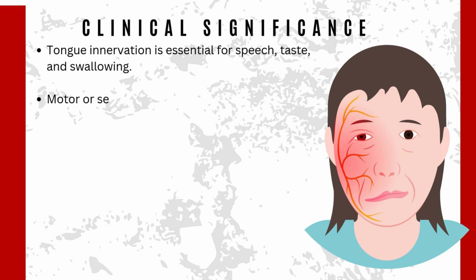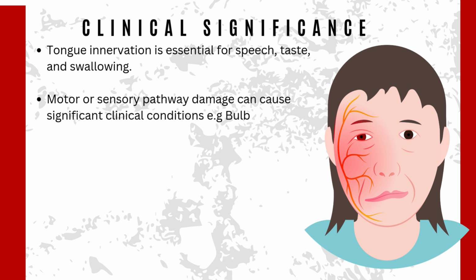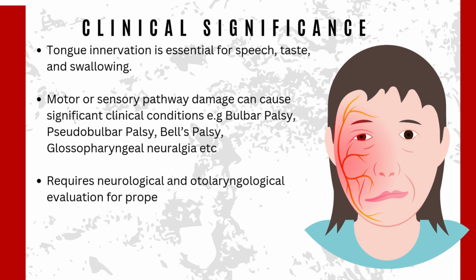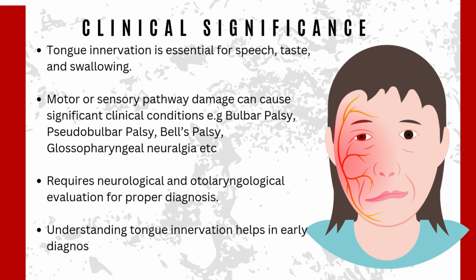So, if these nerves get damaged, it can lead to serious medical problems such as bulbar palsy or pseudobulbar palsy, where there are problems with swallowing and speaking, or Bell's palsy, where there is weakness in facial muscles affecting taste, or it could be glossopharyngeal neuralgia, which is a sharp pain in the back of the throat and tongue. So, doctors like neurologists and ENT specialists check for these problems to diagnose and treat them early.